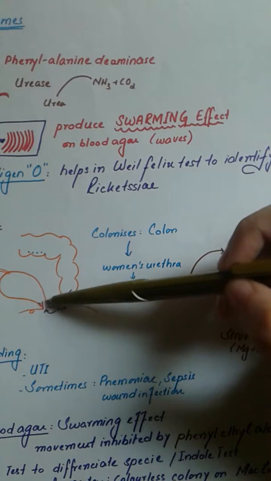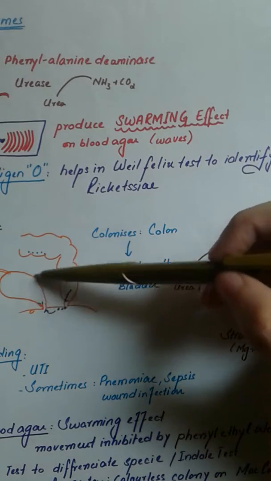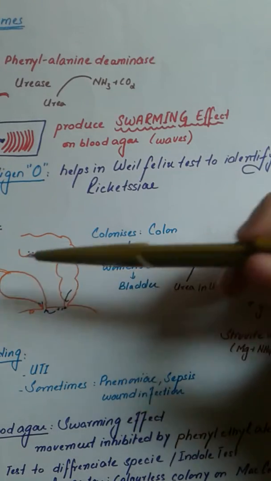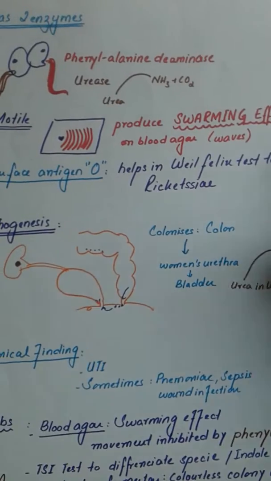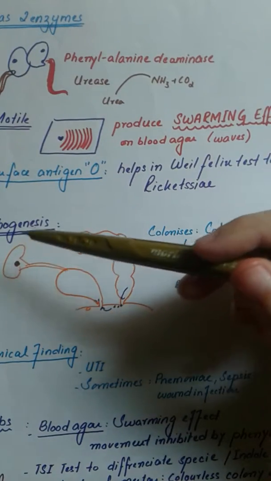Now, they infect your urethra, causing urethritis-like symptoms, and they can similarly ascend into the bladder. If the infection is heavy, they can even go up to your kidneys and cause pyelonephritis.